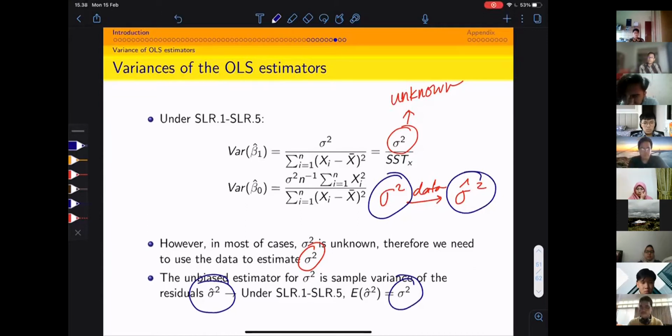We need those assumptions because, given them, we can use the sample variance of the residual. Any question from this? A lot of the things that I've said in the past couple of slides have really been about statistics. So please take some time to recall your statistics course, especially sampling distribution, unbiased estimator, and unbiased estimator of variance in particular. Any questions, any clarification?